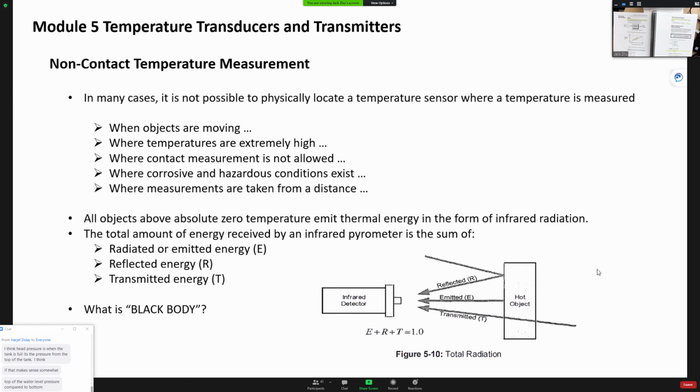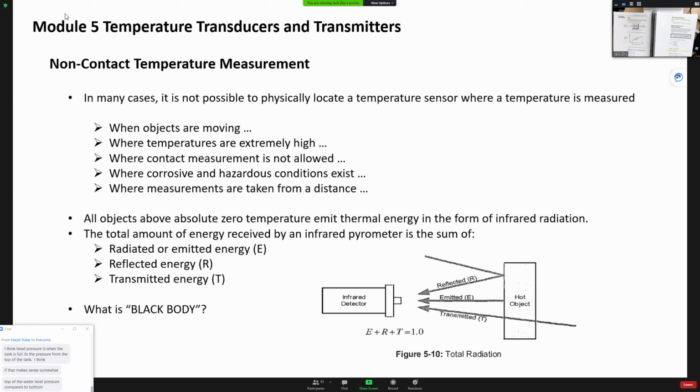Okay, so there's also other temperature measurement devices. Because at certain times we are not able to actually touch the body or touch an object to measure its temperature.